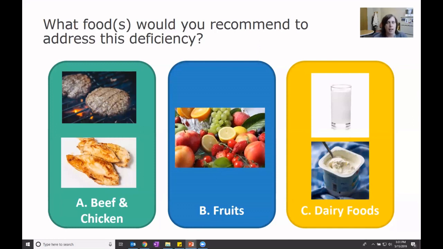And just so you know, natural cheeses really are quite low in vitamin D, so they're not a great source. So dairy foods really are best in milk, and then also in the yogurts that are fortified, and you can get it fortified into grains as well, sometimes like cereals.